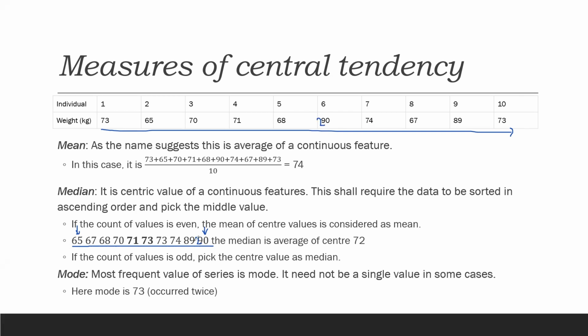So the median, if you have hundreds of values, is the most centered value. In this case, because we have 10 values, there are two centers, 71 and 73. When I have an even number, I should take an average of these two centers. So in this case, the median becomes 72.